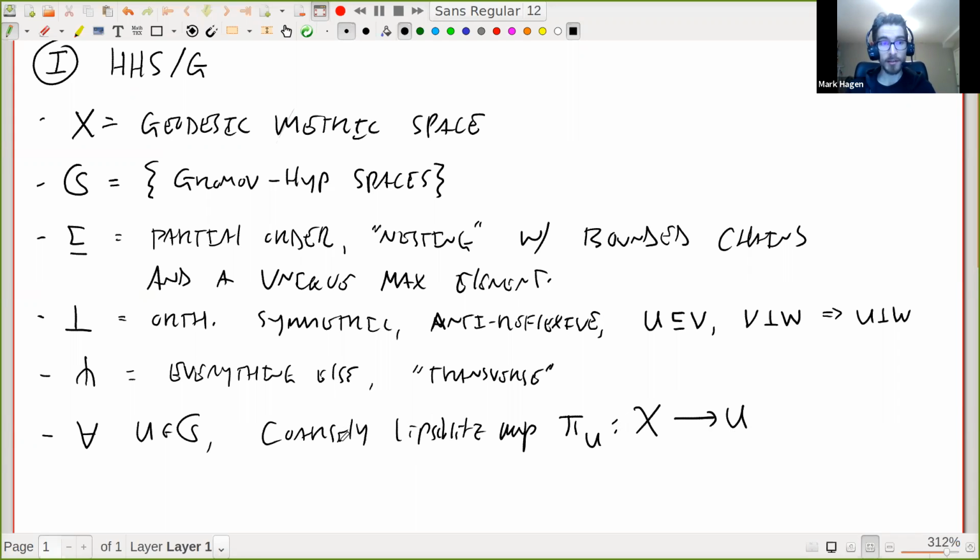And although it's not part of the definition, it turns out one can always assume that these maps are coarsely surjective.